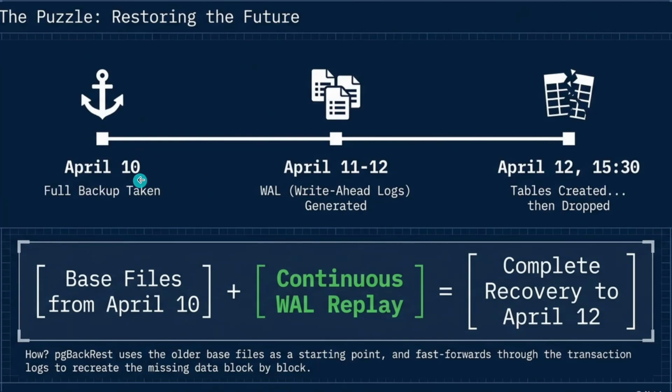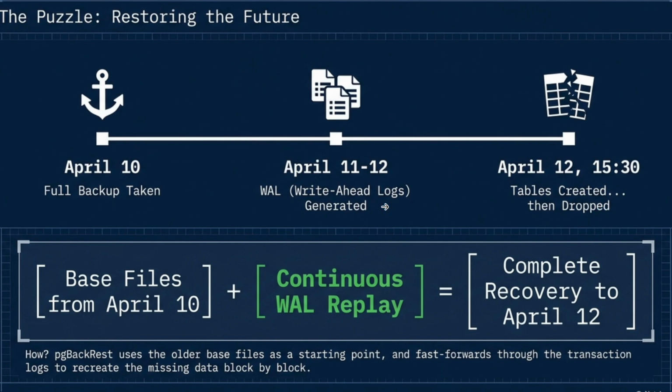So let's assume the full backup has been taken on April 10th, and simultaneously the WAL files generated have been archived. Around April 12, 3:30 IST, the table has been created and dropped as well.